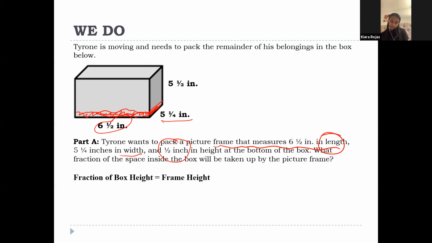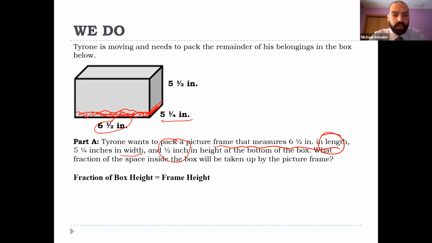Of the cube. Okay, so we will need to find the volume of the box, of the cube box. Definitely. We're also going to need to know what the volume of that picture frame is also.